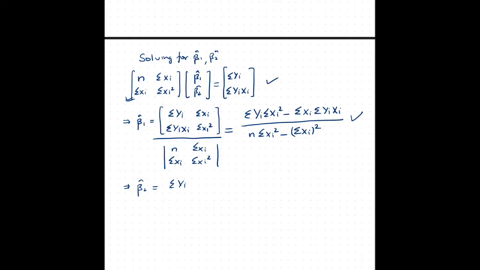Similarly we have beta 2 hat equals the matrix with n, summation xi, summation yi, summation yi xi, upon the determinant of n, summation xi, summation xi, summation xi square.